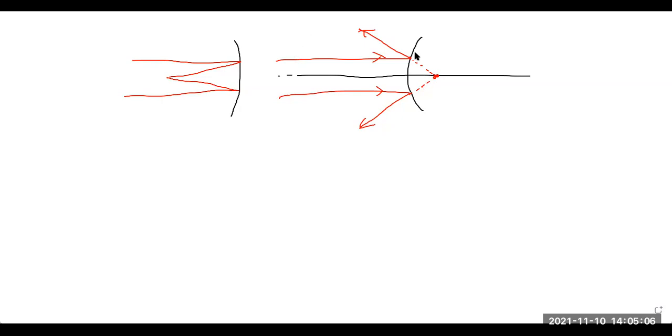And for our radius of curvature, it's still twice the focal length. But we would just also count that as negative for this setup. So I have a couple of practice problems, one with a concave mirror and one with a convex mirror.